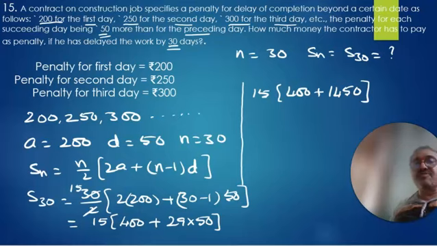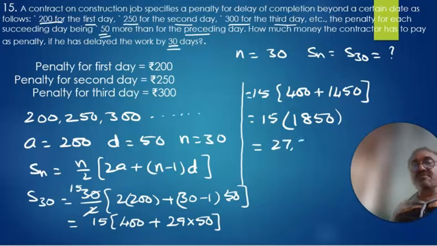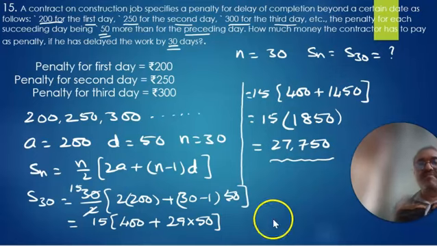So that is equal to 15 into 400 plus 1450, that is 1850. That is equal to 15 into 1850, 27,750 rupees. So this much of amount should be paid by the contractor as a penalty.